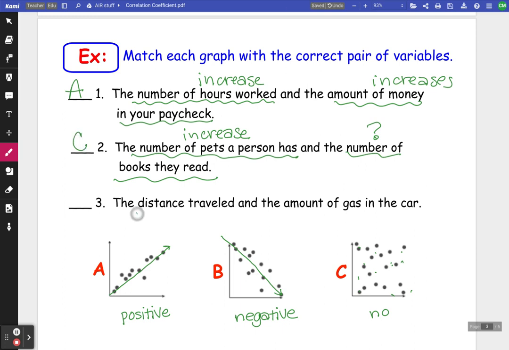And the last one, the distance traveled and the amount of gas that's left in the car. So if the amount of distance you travel increases, the amount of gas that you have left decreases because you're using gas and the amount is going down. So an increase followed by a decrease is a negative correlation. So that would be B.